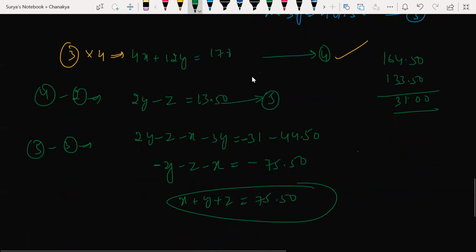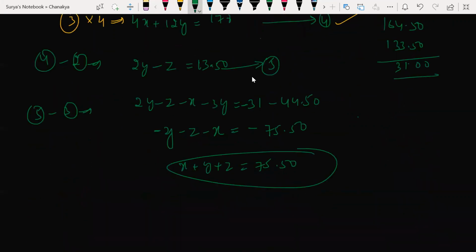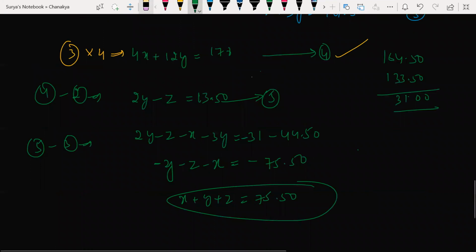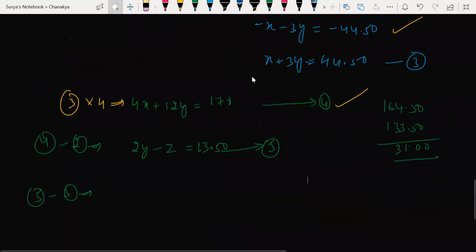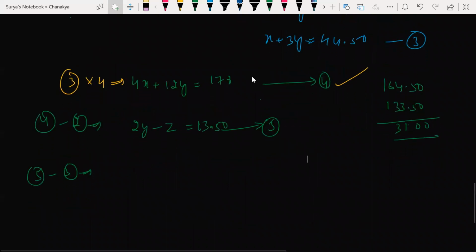So 5 minus 3 again. Yes, we will get it correctly now. 31 only we will get. 5 minus 3, now you solve it. 5 minus 3 means 2y minus z minus x minus 3y is equal to how much?